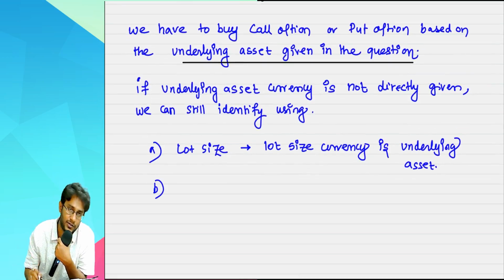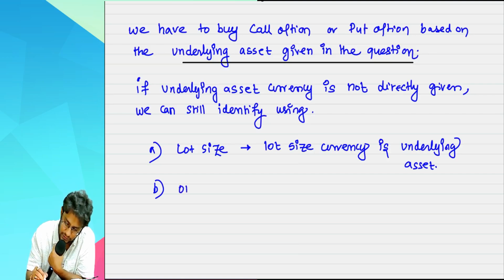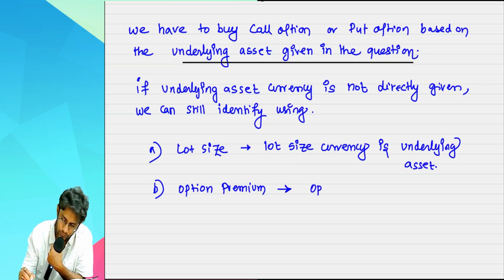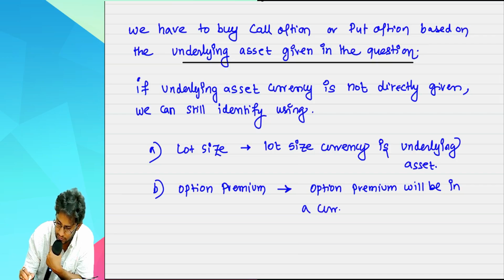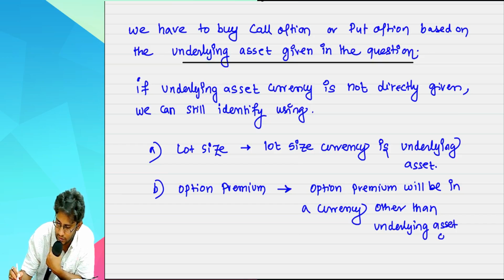If lot size also is missing, then one more check is the option premium. Option premium will be in a currency other than the underlying asset currency.